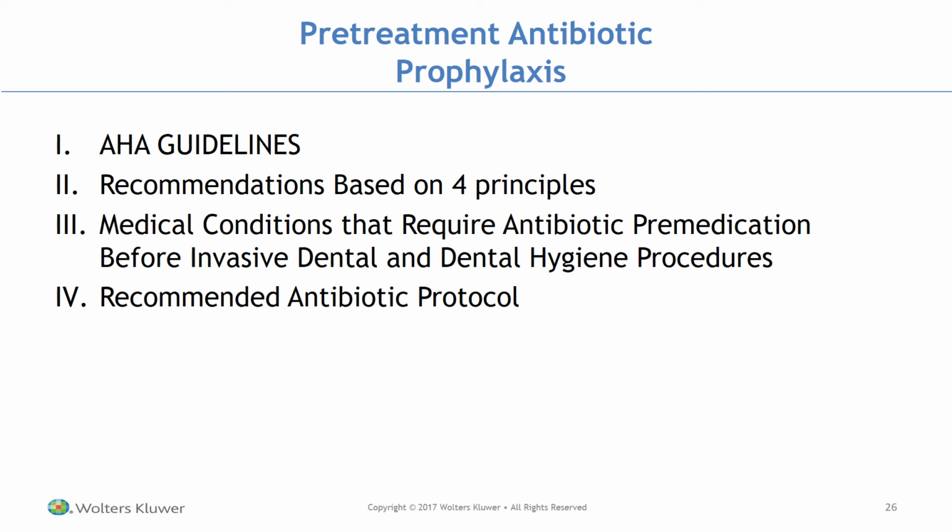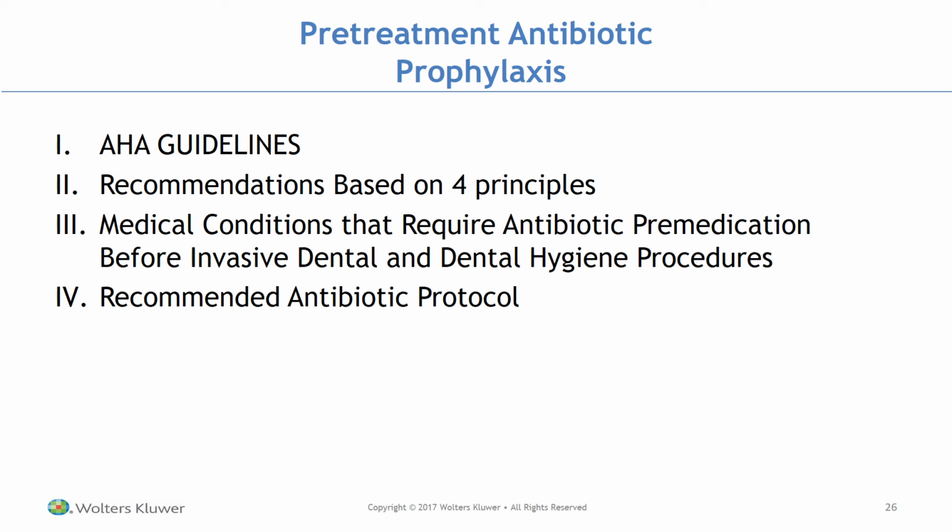All right, so the following recommendations are based on the 4 principles, and these principles include: number 1, only an extremely small number of cases of infective endocarditis might be prevented with antibiotic prophylaxis for the dental procedures, even if it were 100% effective, and it is not 100% effective.